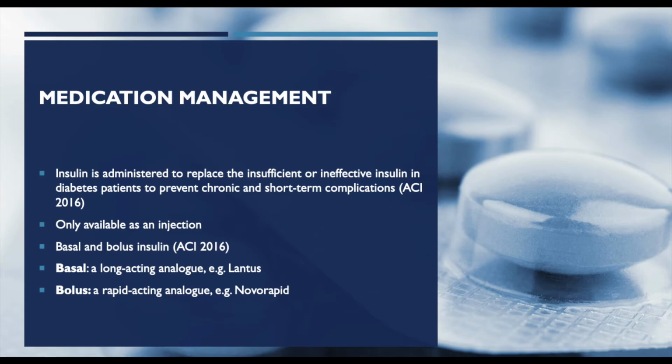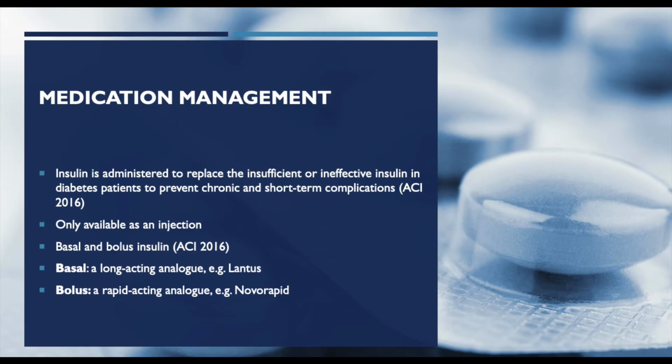Bolus insulin, such as Novorapid, has the purpose of preventing hyperglycemia after a meal or correcting pre-meal hyperglycemia. As a rapid-acting analog insulin, it starts working within 15 minutes, peaks early after 1 to 2 hours, and wears off after 4 to 5 hours. This is what makes them ideal to use at mealtimes, as they are used to correct or supplement basal insulin if hyperglycemia is present.